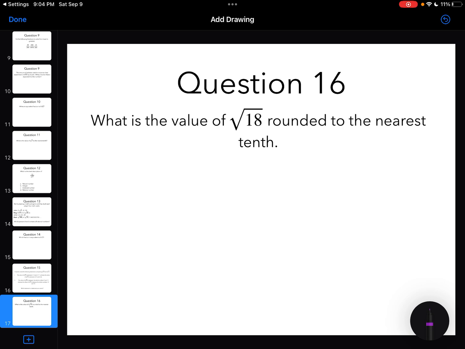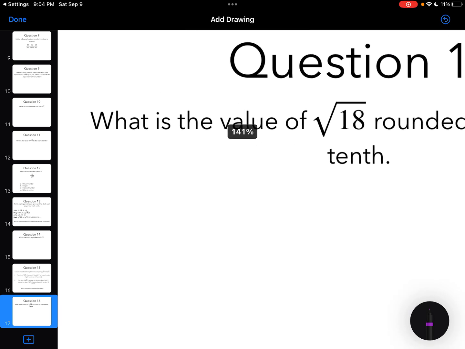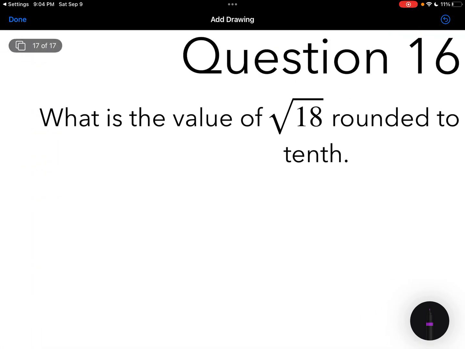Last problem. What is the value of the square root of 18 rounded to the nearest tenth? Alrighty, so if I'm thinking about my perfect squares, I know that I have 16, which is the square root of 4, and 25, which is the square root of 5.